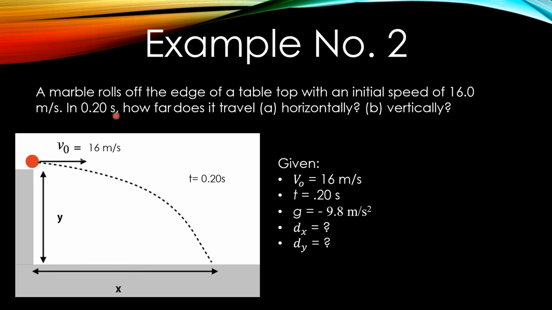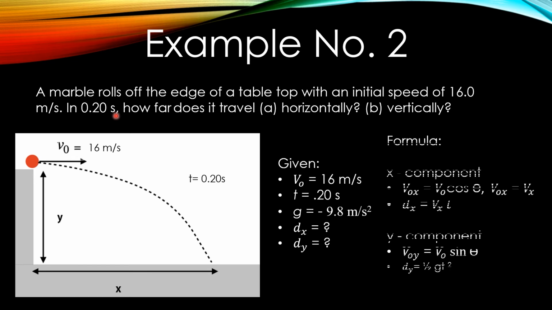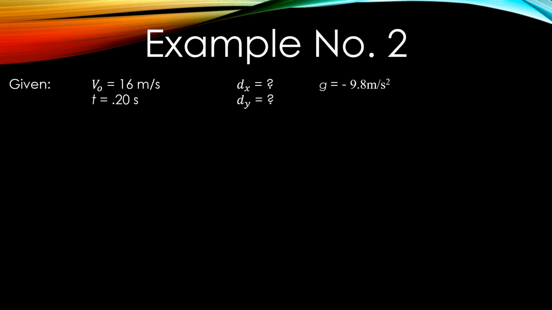We are going to use the same formula for x component and y component based on our first example. Let's look for the horizontal component. We have the formula for the initial horizontal velocity. Vox is equal to initial velocity cosine theta.